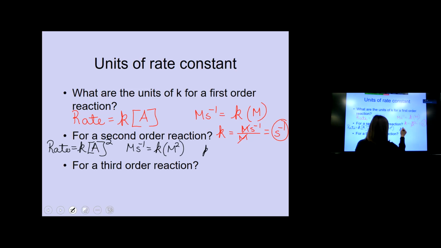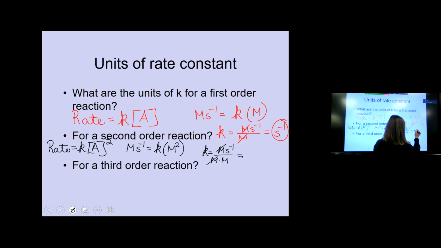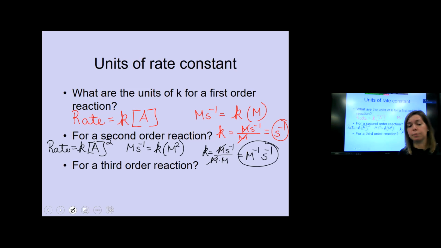So therefore, K would be equal to molarity per second divided by molarity, divided by molarity. So this is just like the one we did on the previous slide. One of the molarities cross out, and that gives us per molarity per second as my unit.